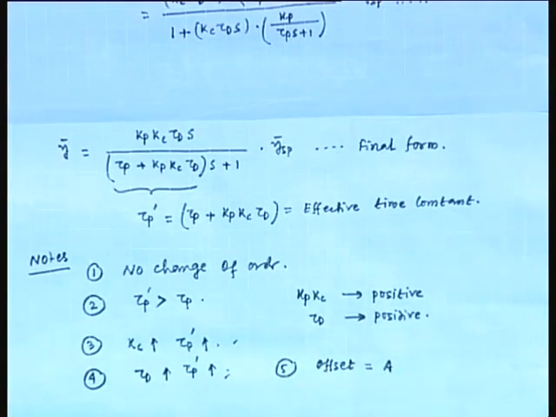Offset is A. So, fifth point is that derivative controller cannot eliminate offset. These are the 5 important points related to the closed loop response under derivative control action.